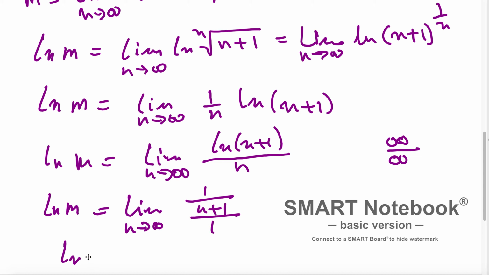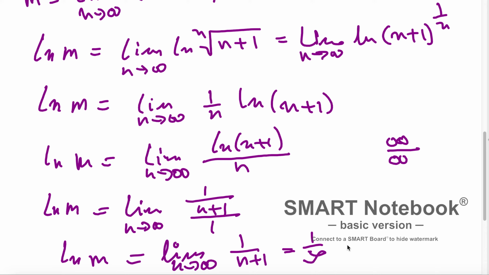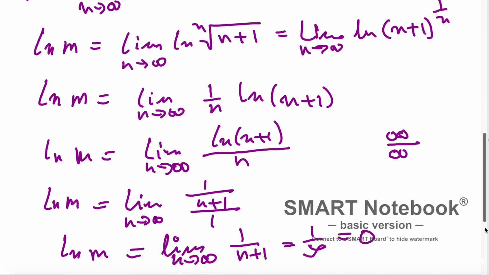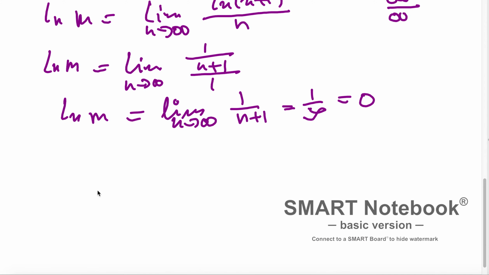So ln m is equal to the limit as n goes to infinity of 1 over n plus 1. If we apply infinity here, this is going to be 1 over infinity, which is 0. This limit approaches 0, and so ln m is equal to 0.